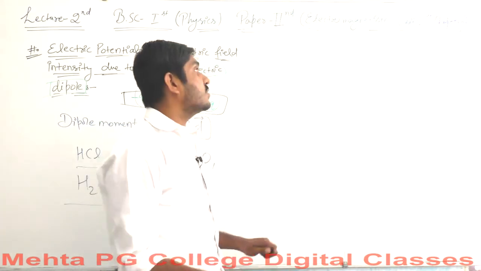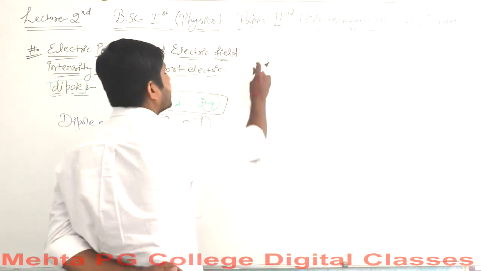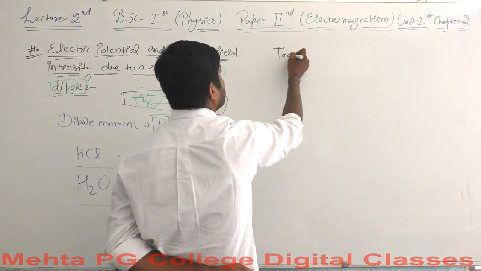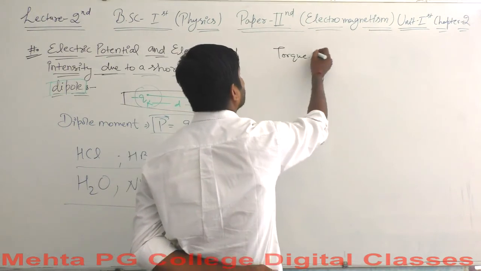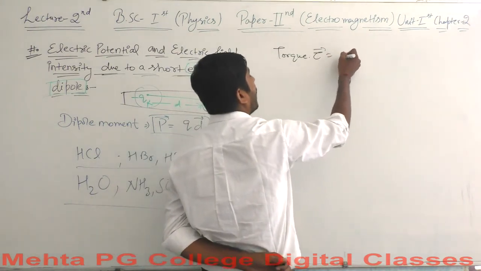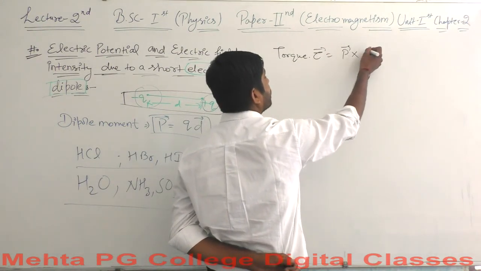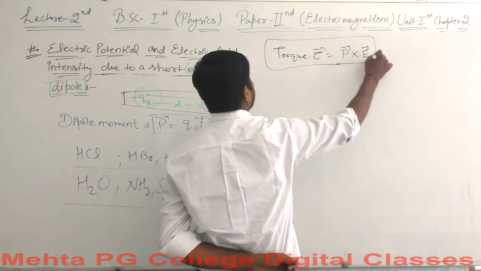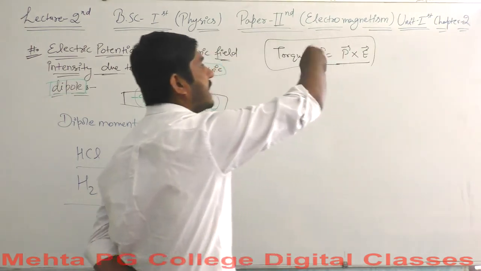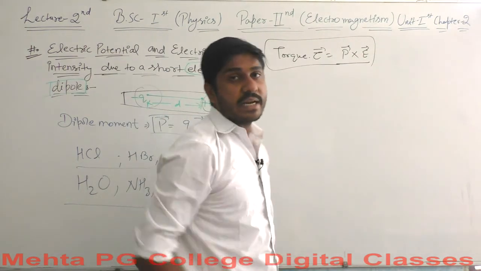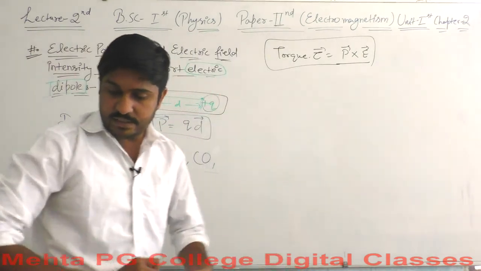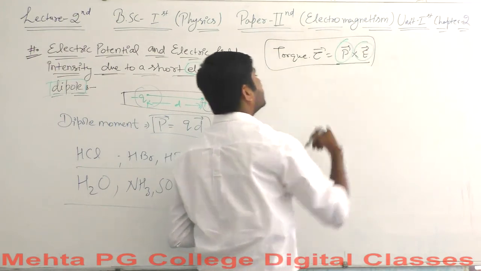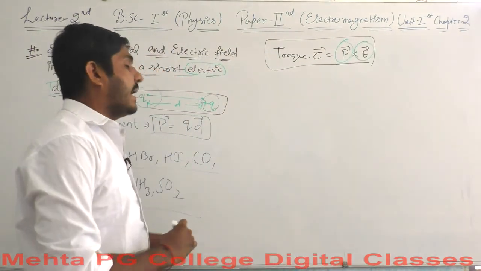There you saw electric dipole and the torque, tau equals P into E. In this torque example we used P, the dipole moment, and E, the electric field. Now we will enhance our knowledge by taking an electric dipole there.